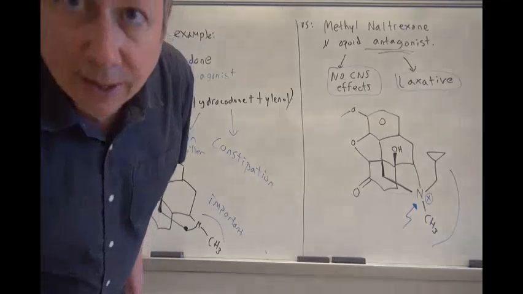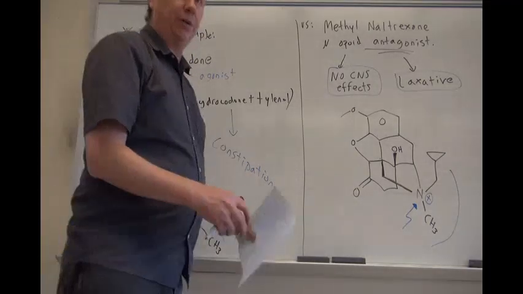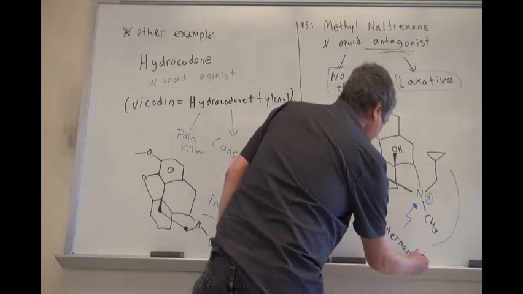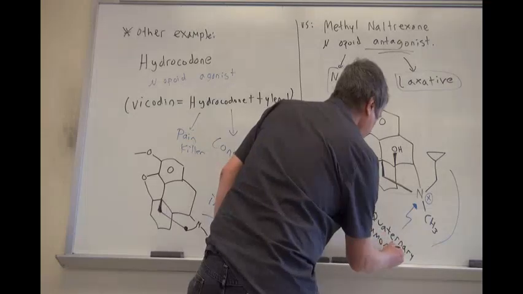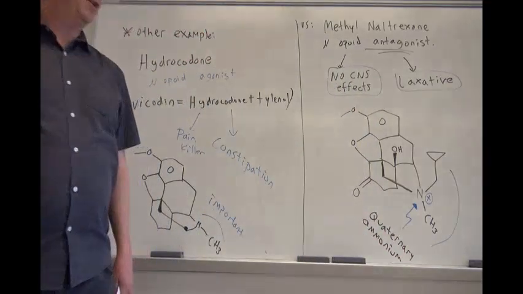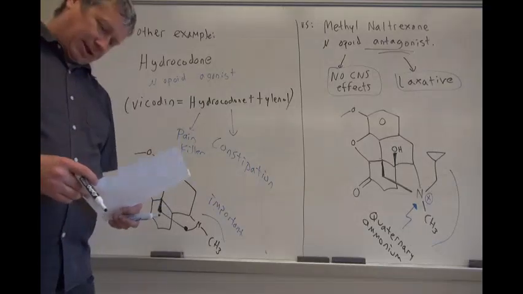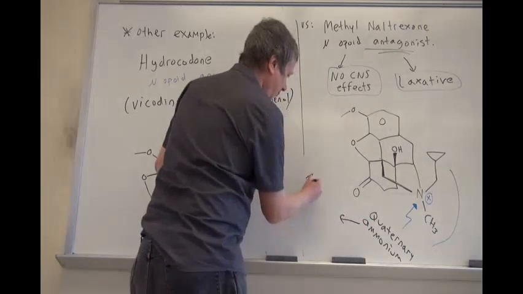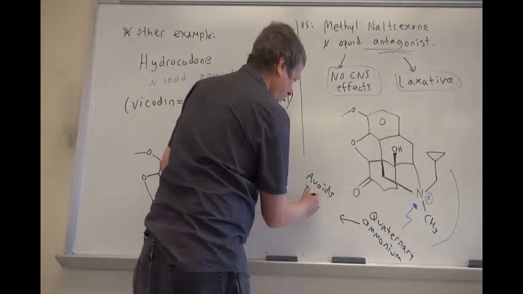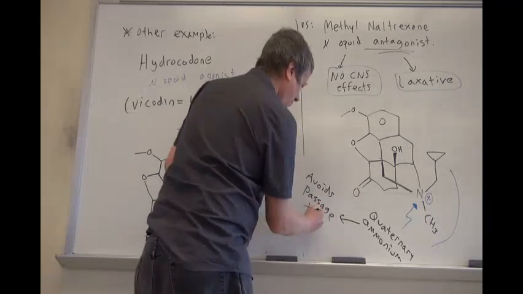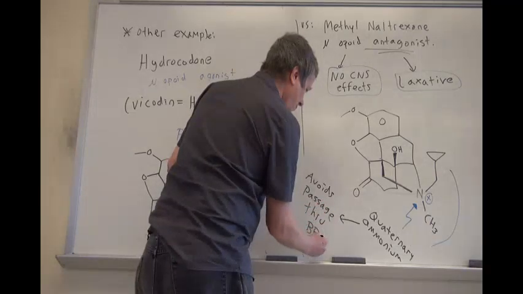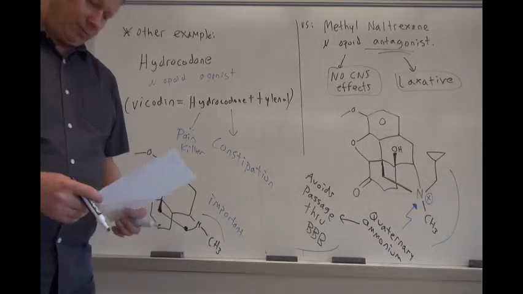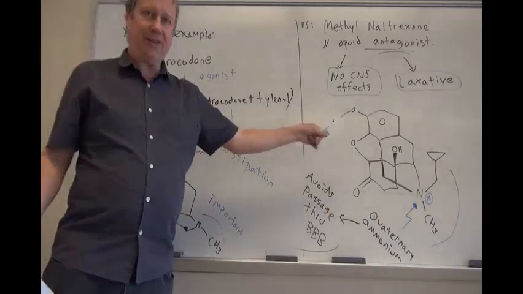It's called a quaternary ammonium, when you have a nitrogen with a positive charge like that. And that avoids the passage through the blood-brain barrier. And why does it act as an antagonist? I think it's the hydroxy group.